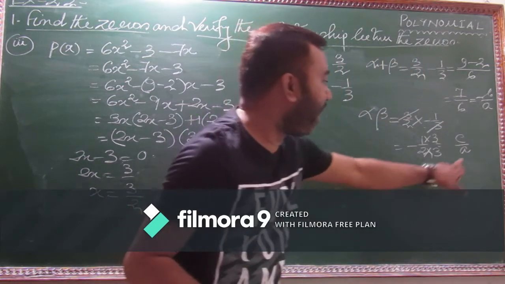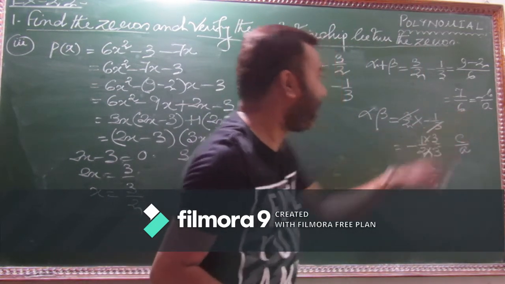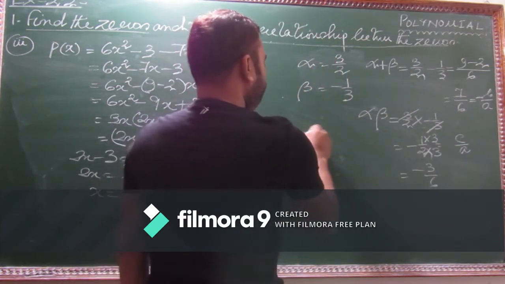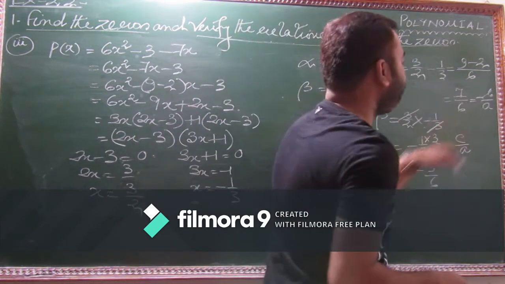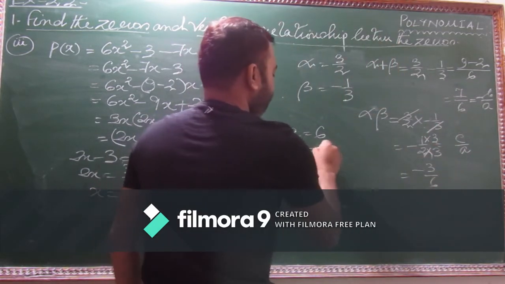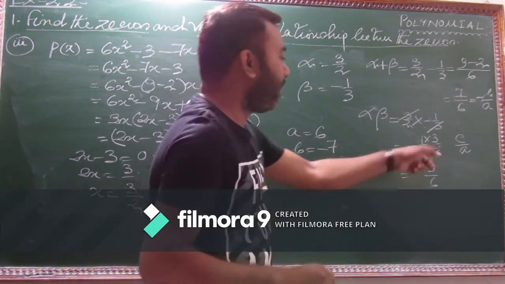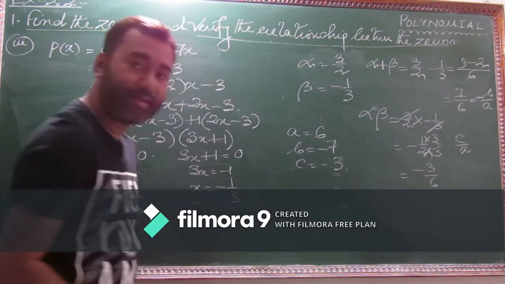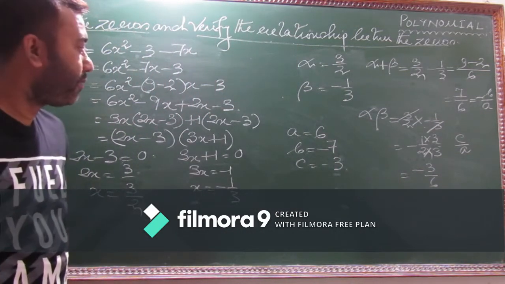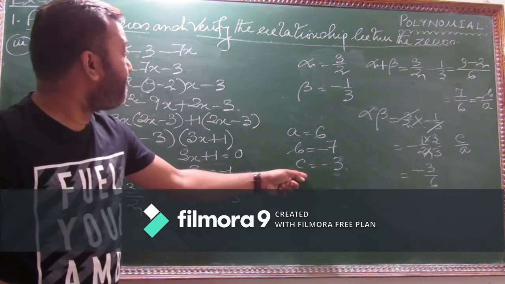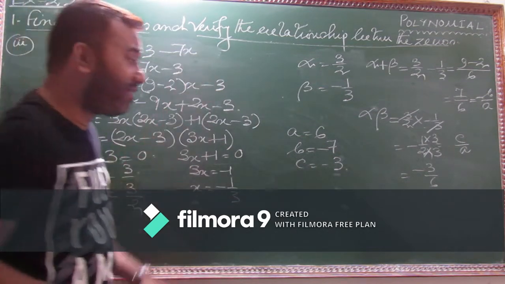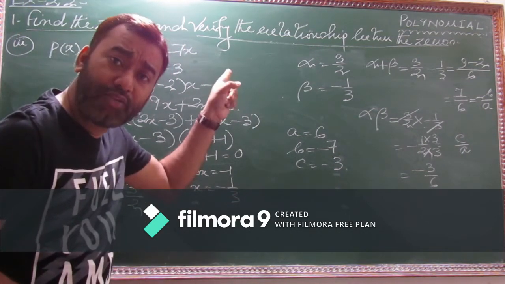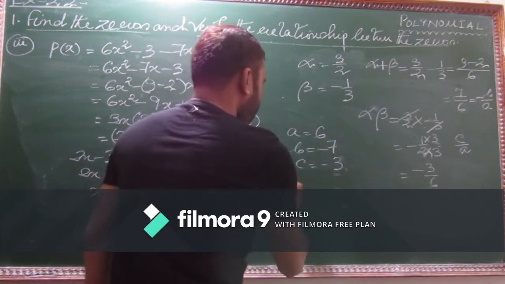So what is the value of a? a is 6. b is minus 7. c is minus 3. Is it? Now I need to form the polynomial. That means I have to go for the general form. What is the general form?